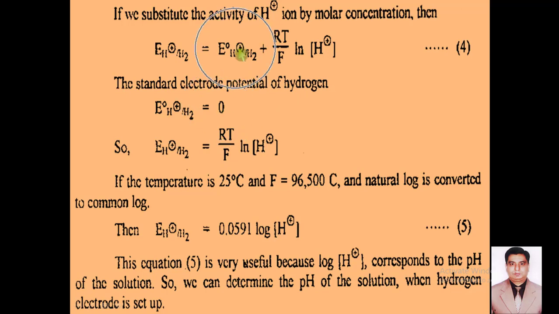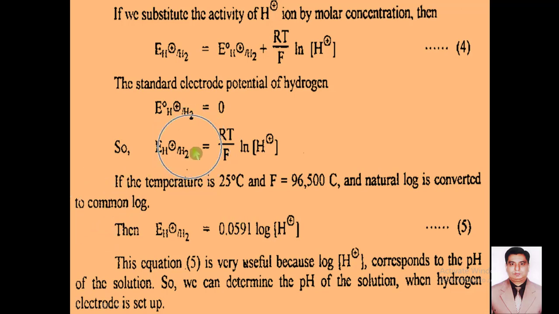So this term will become 0. So electrode potential for the hydrogen will be equal to RT over F log natural into molar concentration of hydrogen ion. Dear students, if we take that temperature is equal to 25 degrees centigrade, meaning 298 Kelvin, and Faraday constant is equal to 96500 coulomb, then natural log will be converted into common log.